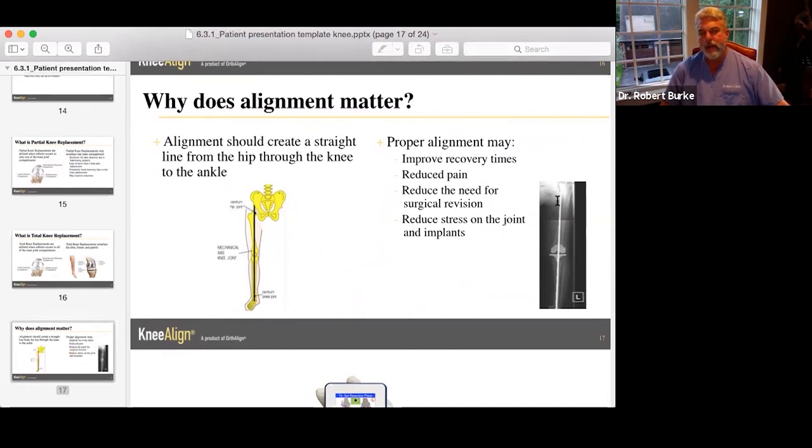If it does that, then the knee is properly aligned, meaning that that joint will wear properly, it will not have excessive wear, either on the inside of the knee joint or the outside of the knee joint, which can produce premature loosening due to overload of the prosthesis or potential failure of the polyethylene.